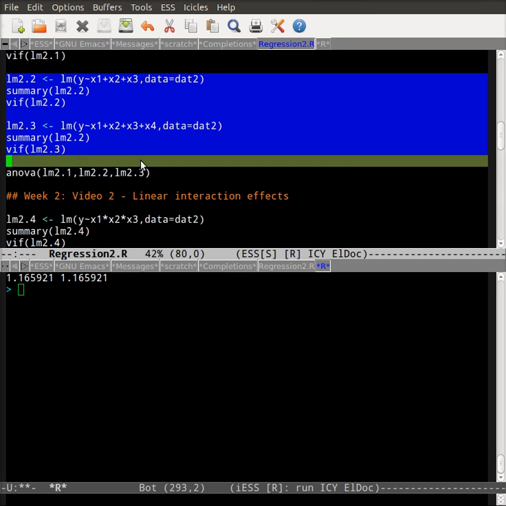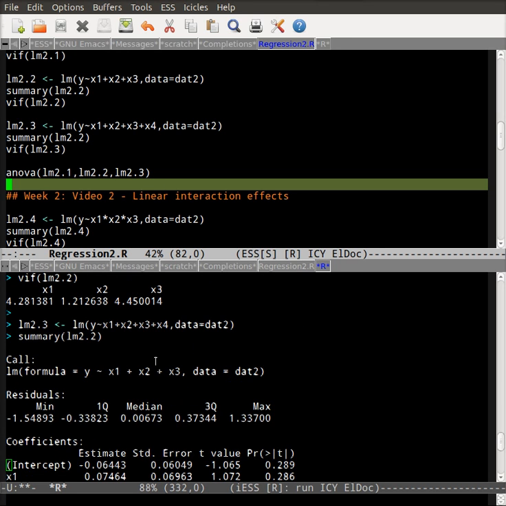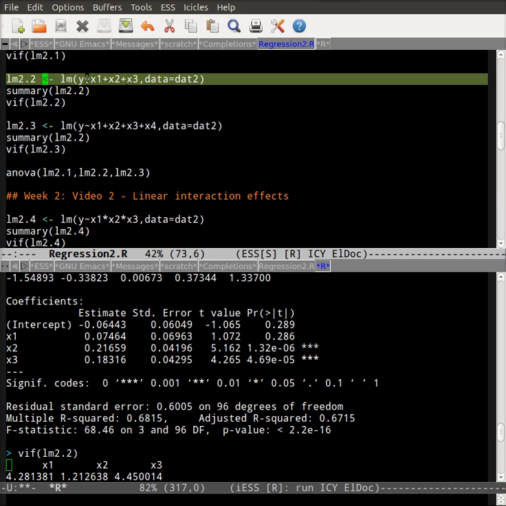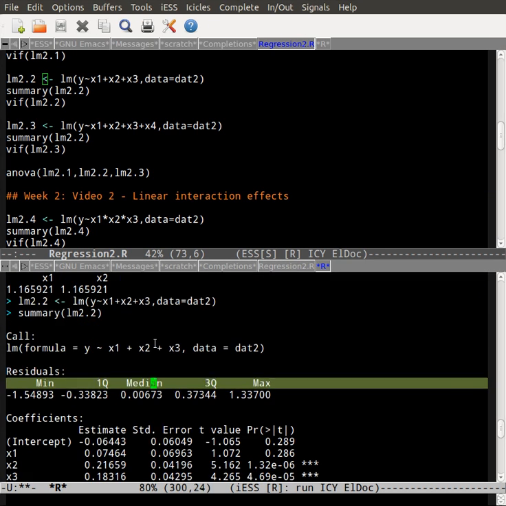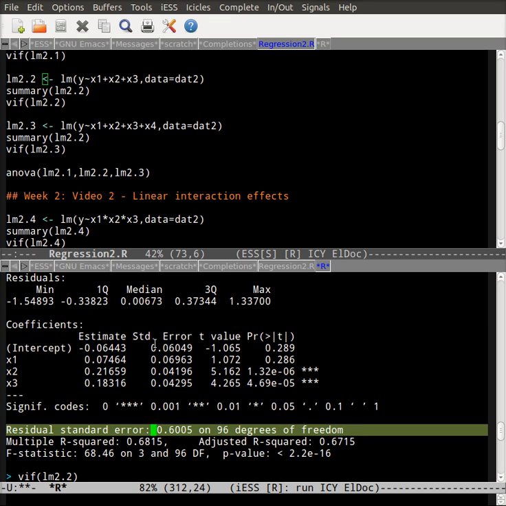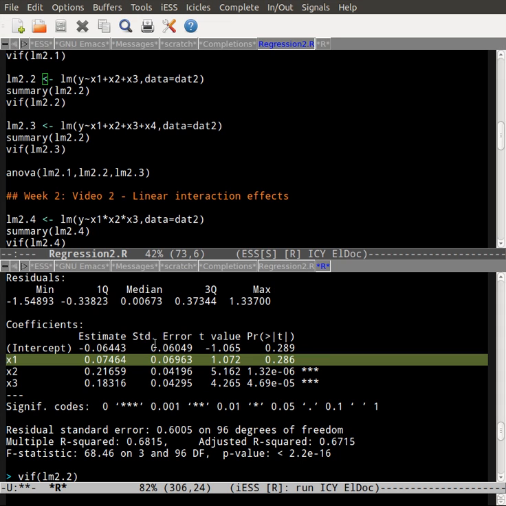So I'm going to run these other linear models, and go through each one of them separately. My LM22, that's what I'm doing here, is I'm just adding an additional variable. What I've done here is I've added x3, so now I have x1, x2, and x3. And now look what happens.